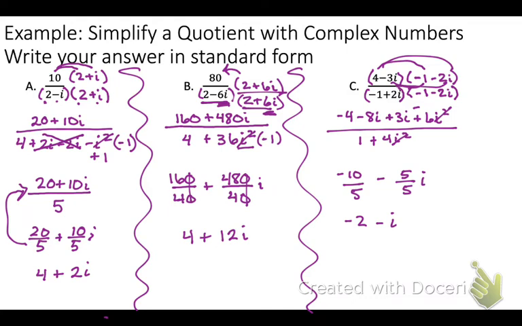So do the i's go away when you do that? No, there's still a 9. No, but like on the bottom. Well, yeah, because i squared is -1. Can you go over how you got that? Well, because you got -10 and then a -5, and I got a -1 and a -2.